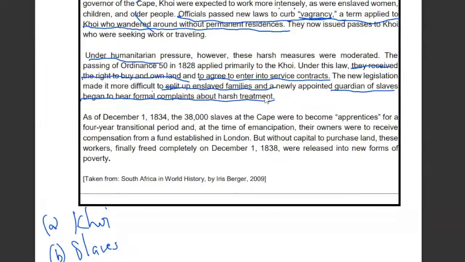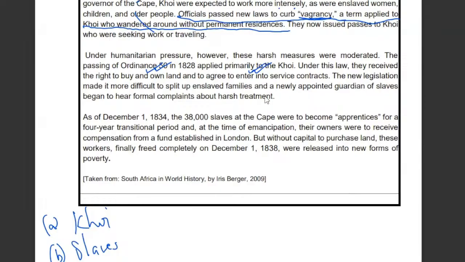If you analyze our responses, this is a benefit to the Khoi: the right to buy and own land. And another benefit, which is separate, agree to enter into service contracts. So these are 2 different responses. Any of those qualifies to be the positive influence on the Khoi.